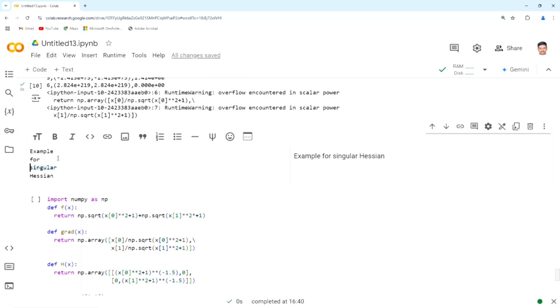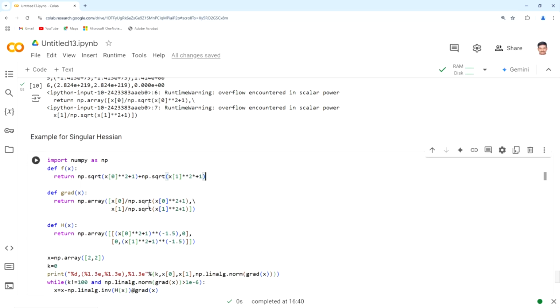So, the function is x naught cube minus 3 into x naught and x1 cube minus 3 into x1.